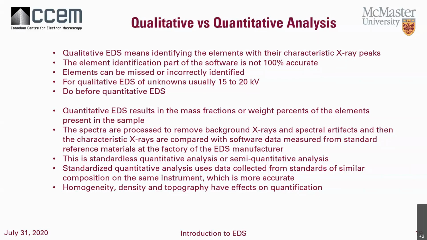Quantitative EDS results in mass fractions or weight percent of the elements present in the sample. The spectra are processed, they remove the background X-rays and spectral artifacts, and then they're compared with data that's been measured, usually from the factory of the EDS manufacturer, off reference materials.